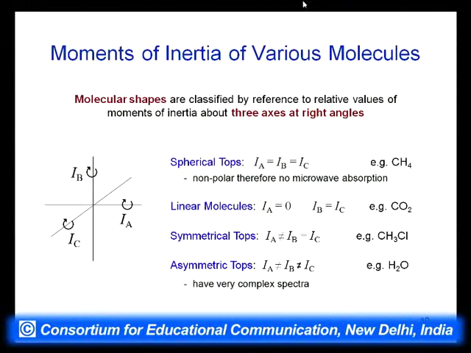Then you have the asymmetric top kind of molecules where all the three moments of inertia are different. Now, it is difficult to understand the spectra, but usually they will be closer to either the symmetric top prolate or oblate, and we try to interpret them in the spectra in terms of the symmetric tops, whichever they are closer to.